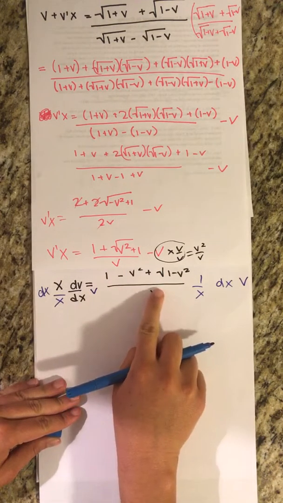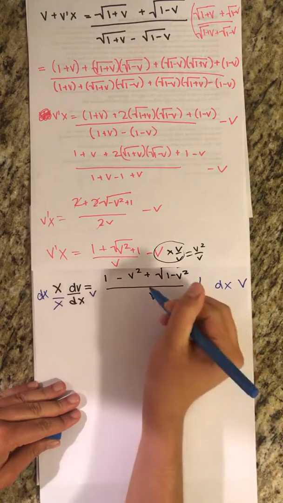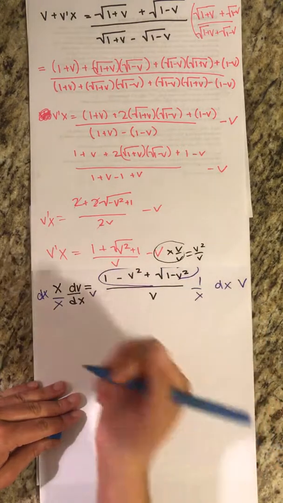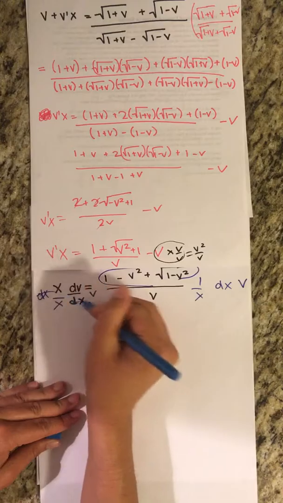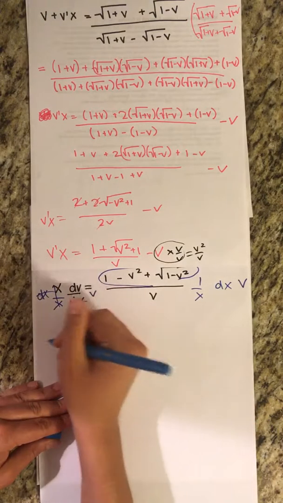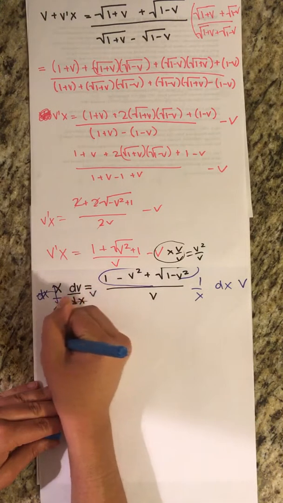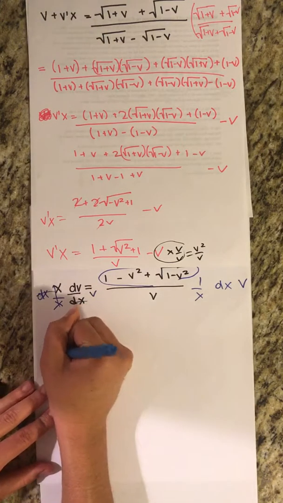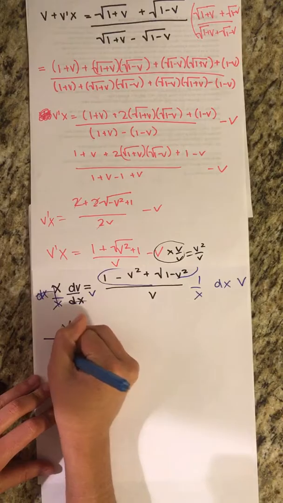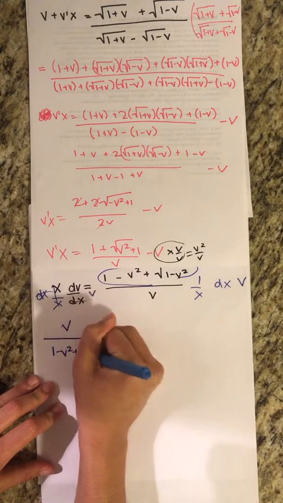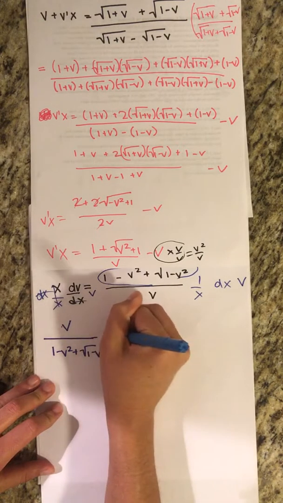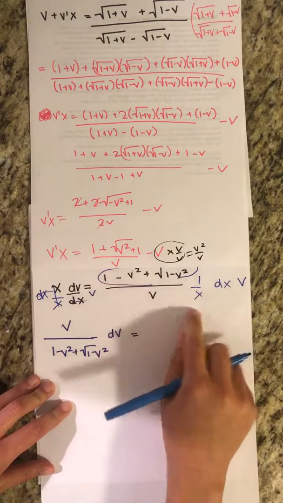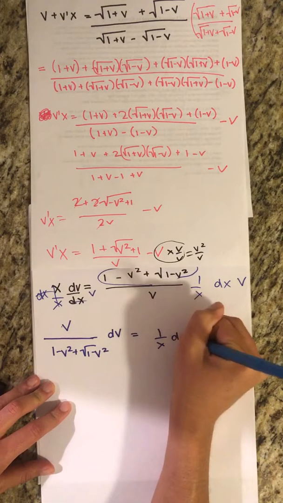And then I want to divide by this whole numerator. So what I end up with, because these cancel, is v all over 1, just this, dv, and that equals 1 over x dx.